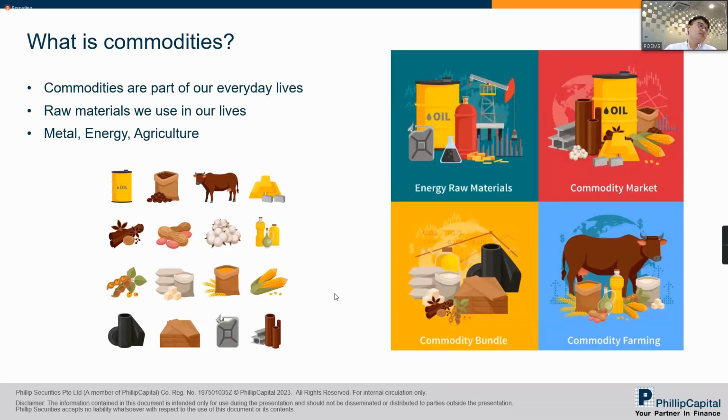So what are commodities? Commodities are part of our everyday life. They are the raw materials we use in our life: metal, energy, and agriculture, like gold, corn, oil, or silver.